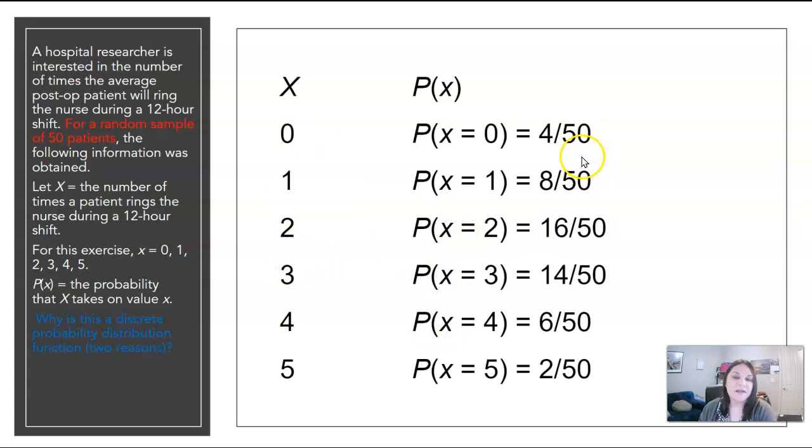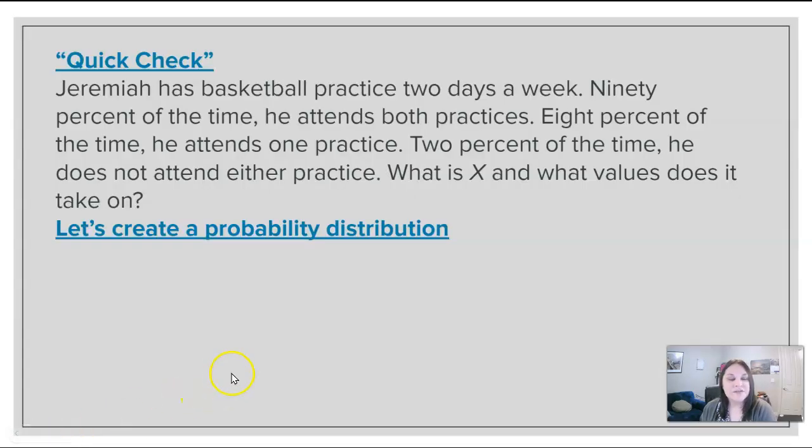And the third condition on the other slide was that these all add up to 1. Well, I don't remember if it was the second or the third. Again, I'm meshing your textbook a little bit with other sources, but yes, this is a probability distribution table for those 2 reasons.